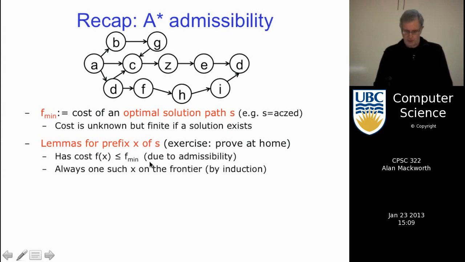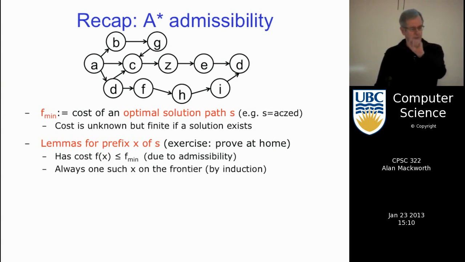These are the lemmas that we prove, which I believe, and we've emphasized this, are straightforward, and you should be able to prove them. Obviously, if this path is optimal, then for any prefix on an optimal path, the cost function f for any subpath, like for ACZ, so f of ACZ, which we sometimes just refer to as f of z, okay?